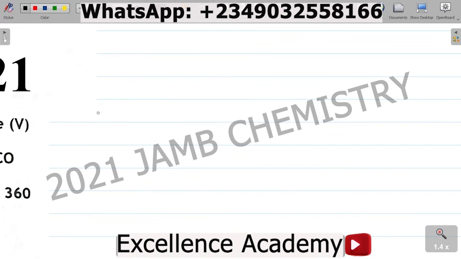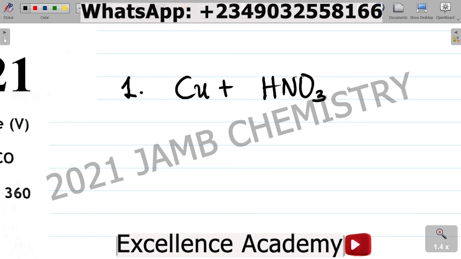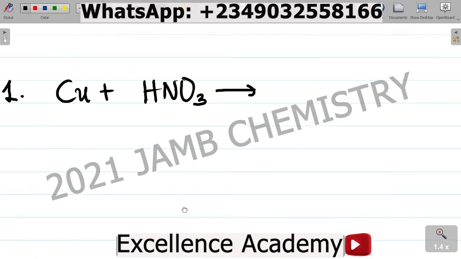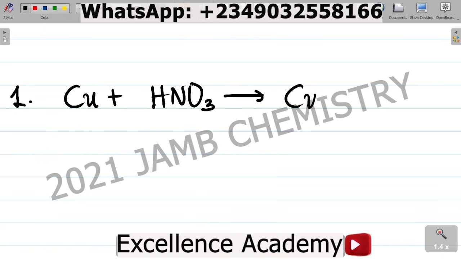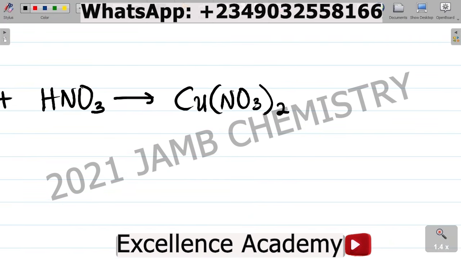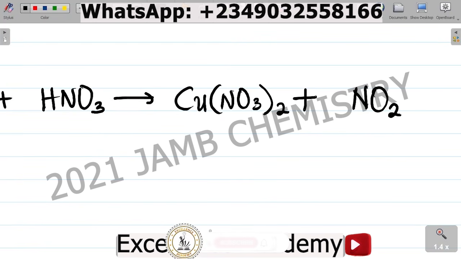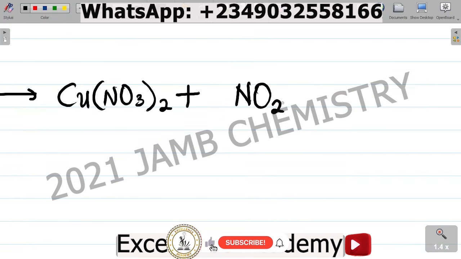For question 1, the full equation of the reaction is simply copper plus hydrogen trioxonitrate(V), to give you copper trioxonitrate(V), here's my first product, plus you have NO2, that's nitrogen dioxide, plus you have water.